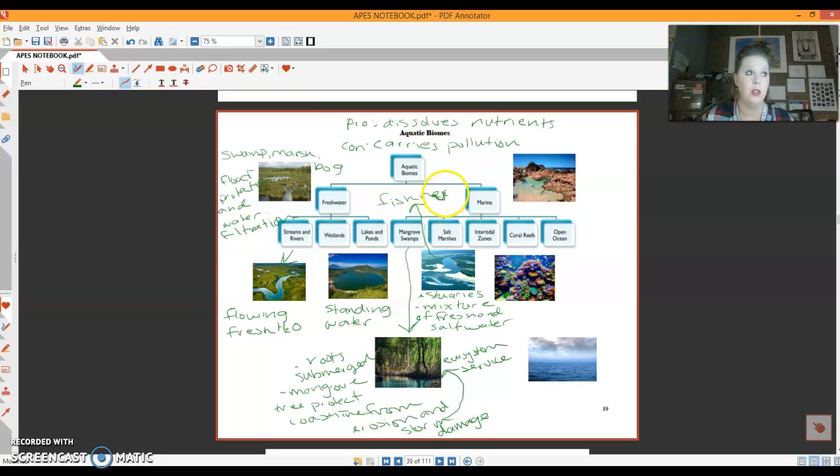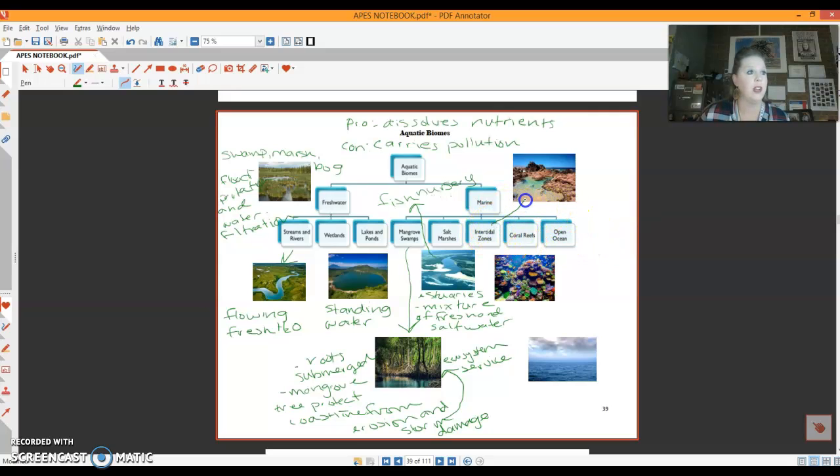I'm going to erase that because y'all are not going to be able to tell what that is. There we go. Fish nursery.